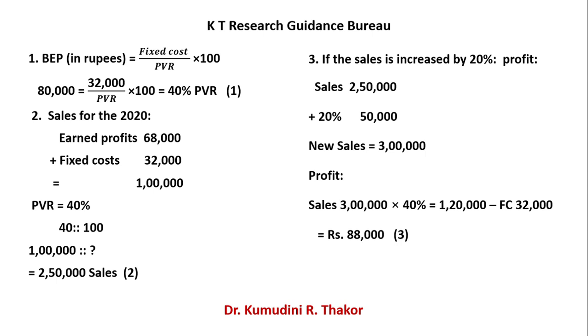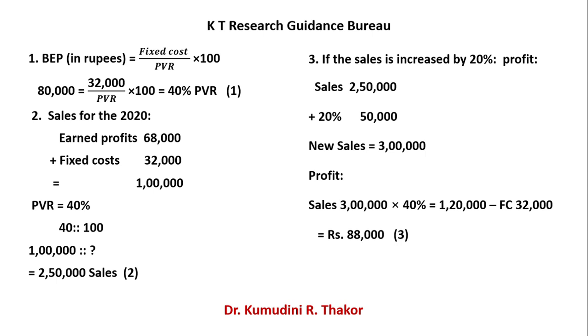Now one question may come to your mind, that why we have to do various types of alternatives. Because break-even analysis is very useful for decision making, and top authority always tries to find out if there is a change in one variable, then what will be the effect of that change on another variable. So there is a change in one variable, sales.